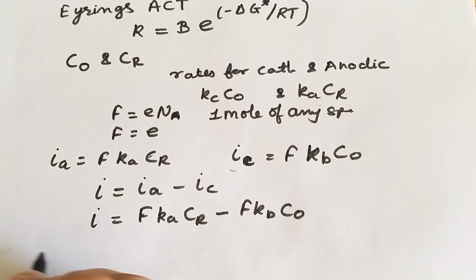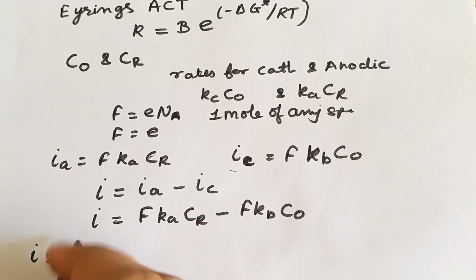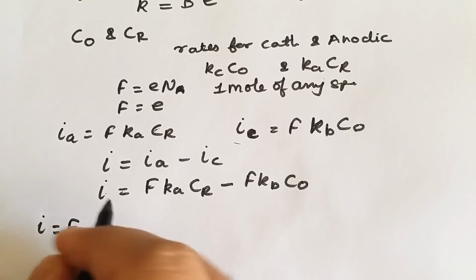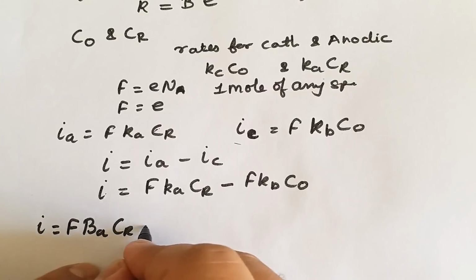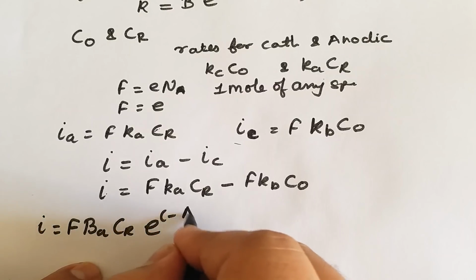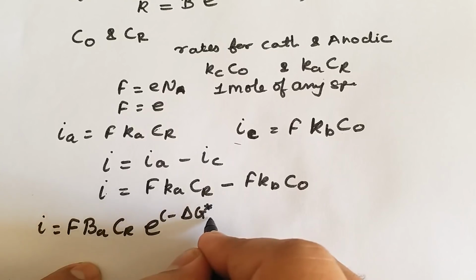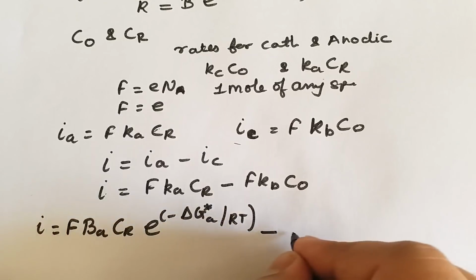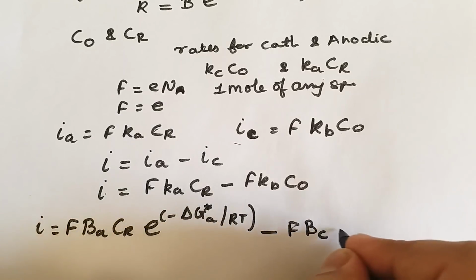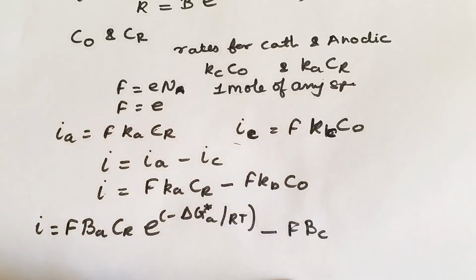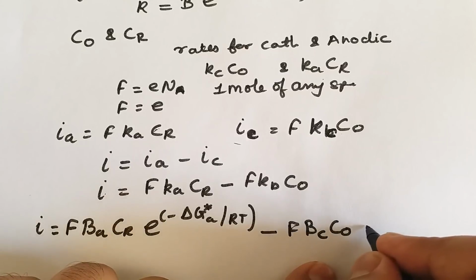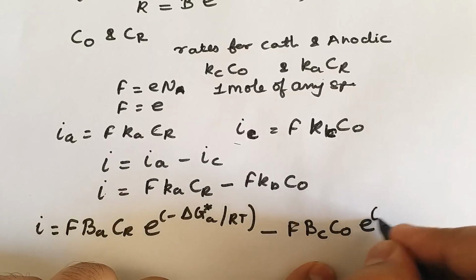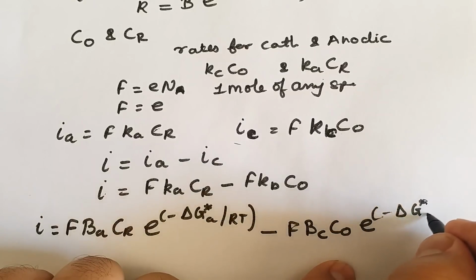So our relation will become I is equal to F into BA into CR into e raised to minus delta G star A by RT, minus F into BC into CO into e raised to minus delta G star C by RT.